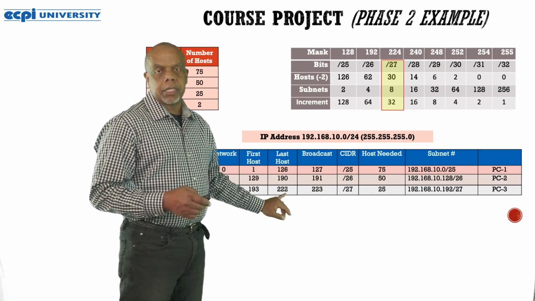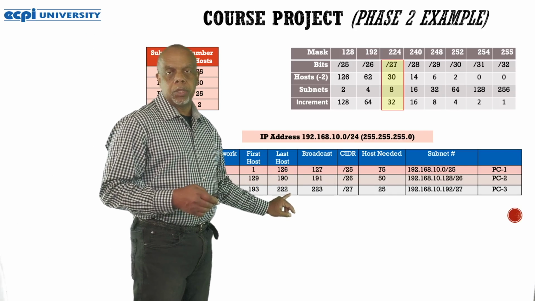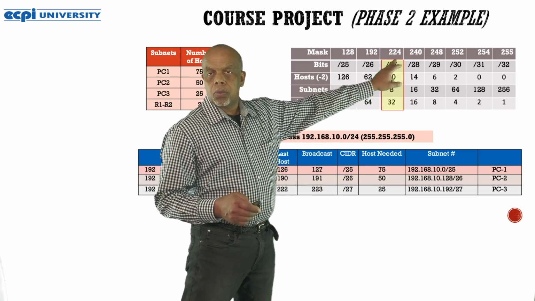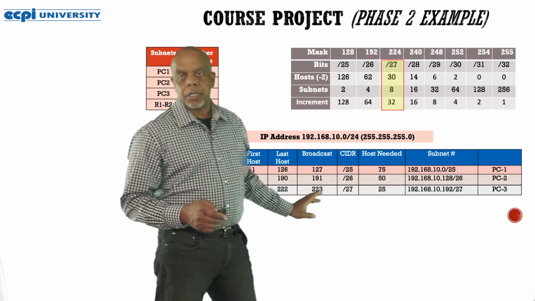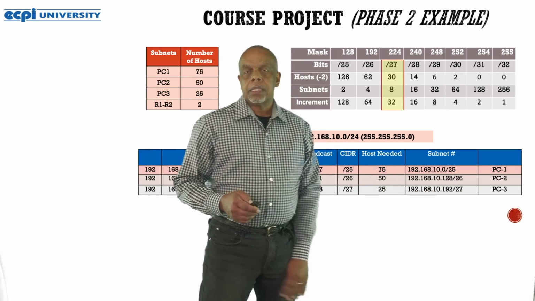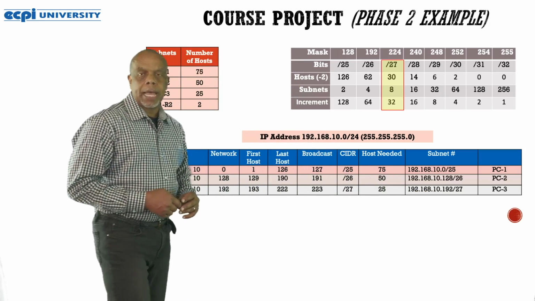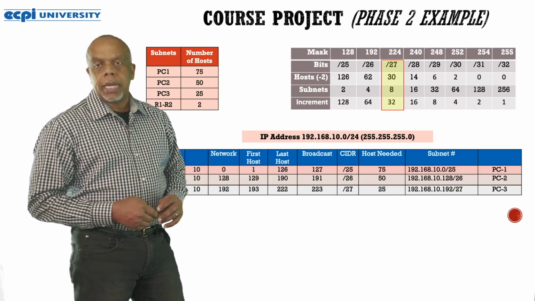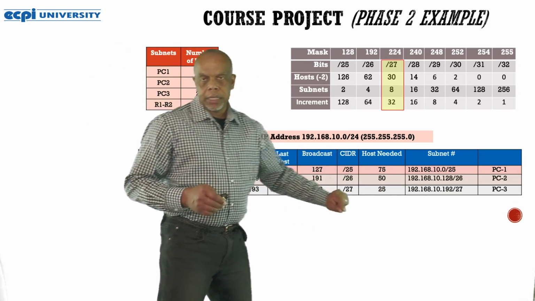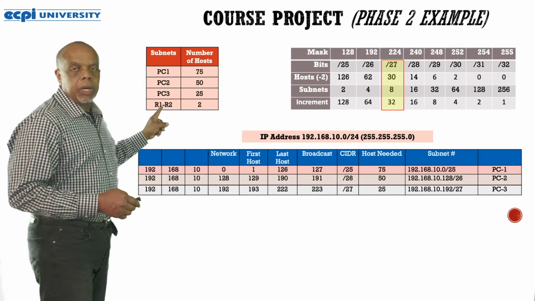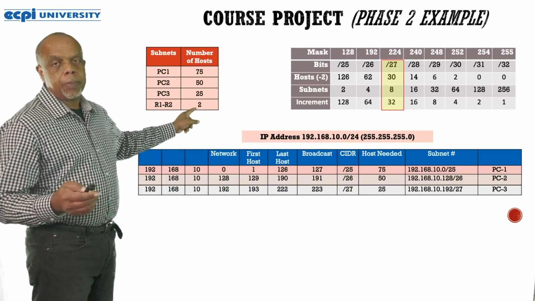Here are the 30 that are assignable, from 193 to 222. My CIDR is going to be what? 27. How many did I need? I need 25. I've got 30. So I'm good. And there's my subnet, my network ID, 192.168.10.192 CIDR 27.